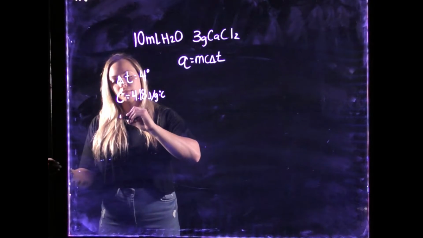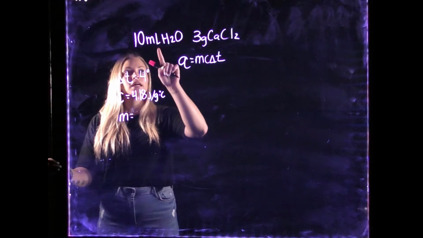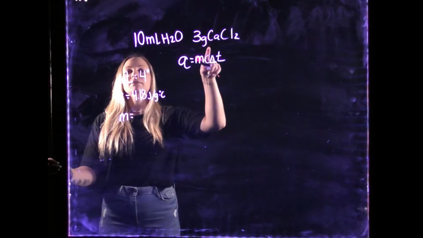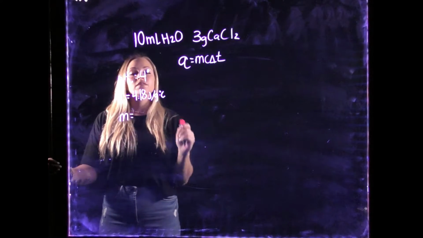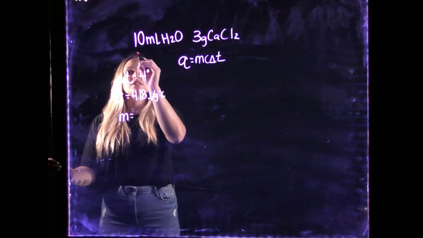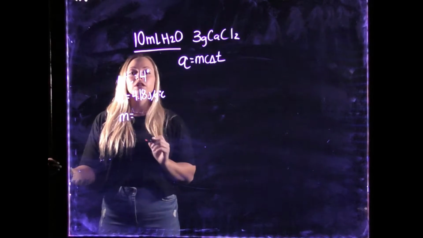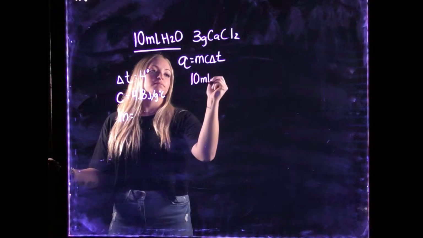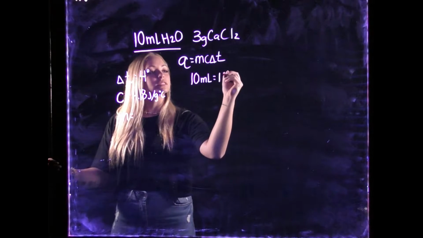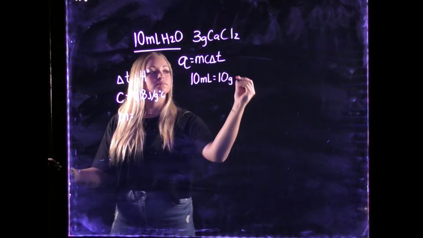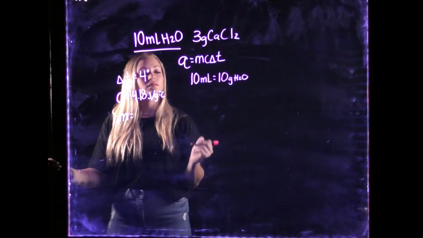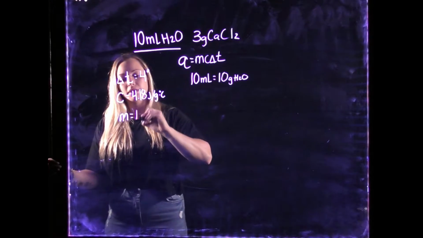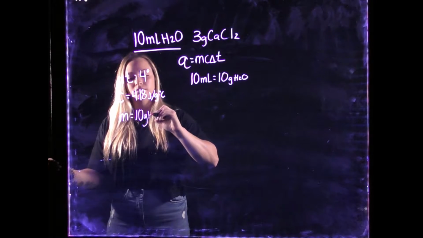Now M. So we're given our milliliters and we're given grams. But since we're using the specific heat of water, we're going to have to turn our milliliters into grams for our mass. 10 milliliters of water equals 10 grams of water. So that gives us M being 10 grams H2O.